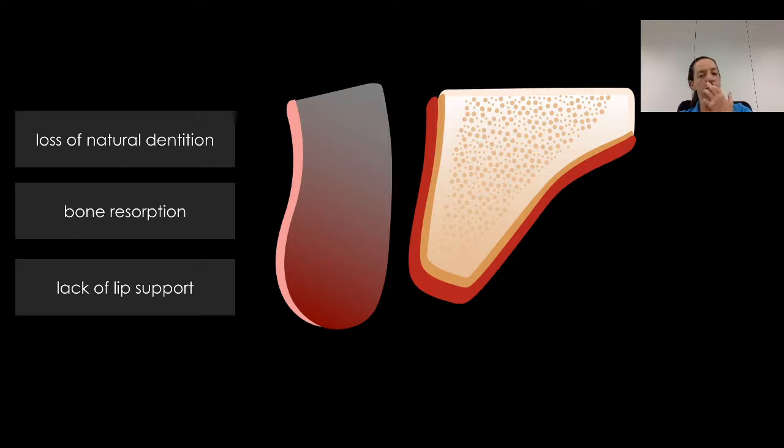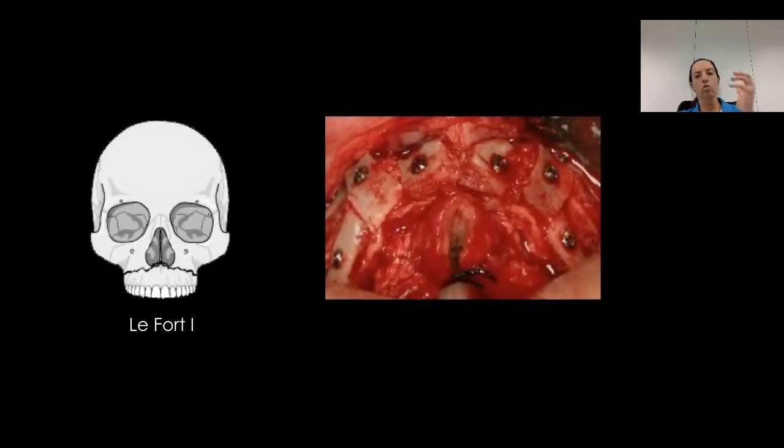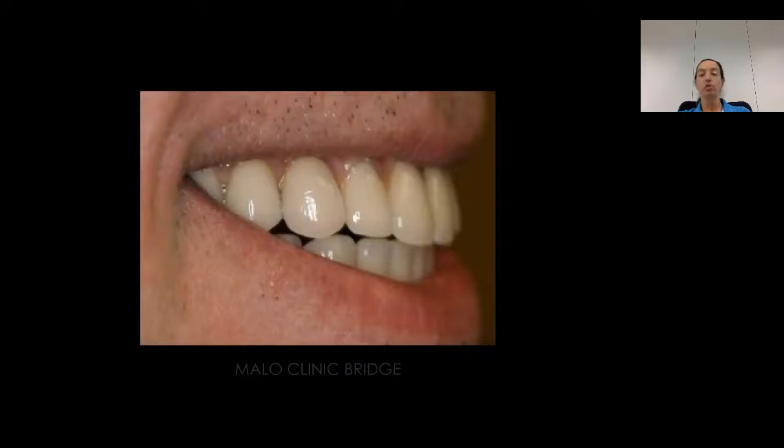We are not going to use overdenture, we are not going to have a flange in our prosthesis. So I can, of course, cut my maxilla and put the maxilla to the front. I can do bone grafting, for example, but we are only going to use the monoclinic bridge.